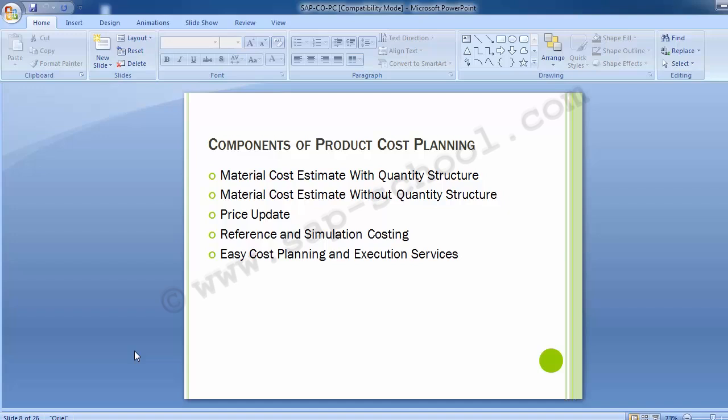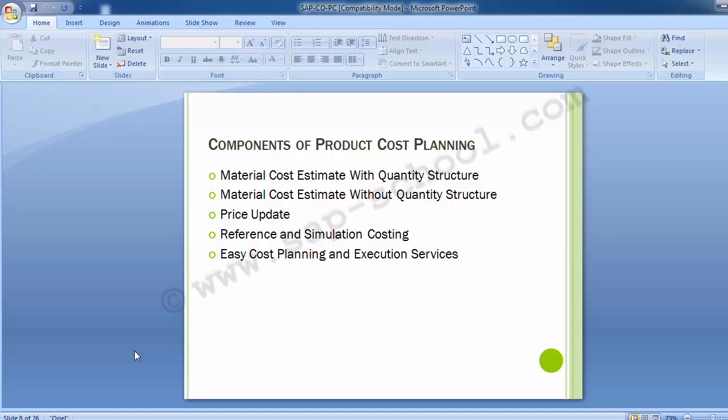Product cost planning is highly integrated with different modules. It accesses master data in other components such as BOM, that is bill of material, routings and work centers in the production planning module, cost centers, activity types and business processes in the overhead cost controlling part.